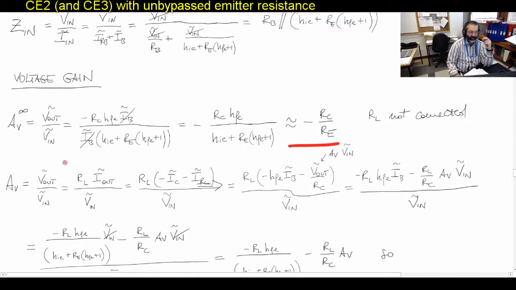We can see that the AV infinite, when RL is not connected, is now completely defined by parameters that we introduced in the circuit. You see, there is no dependence here on parameters of the BJT, like HFE, HIE, and so on. So we decide RC and RE.